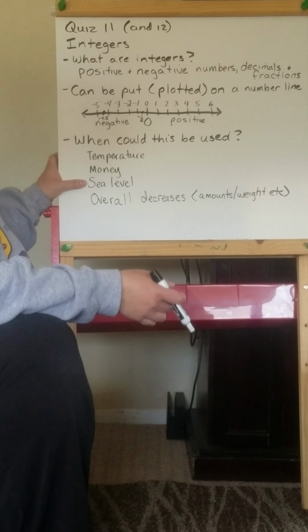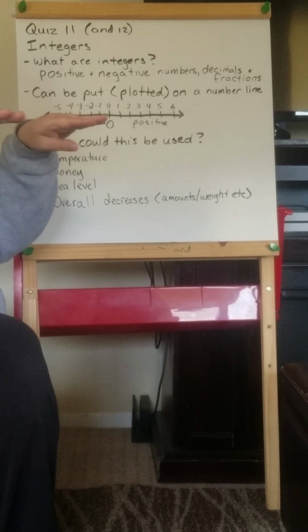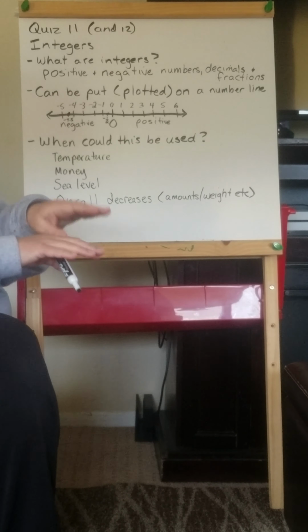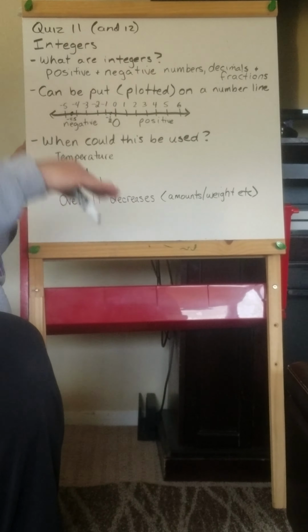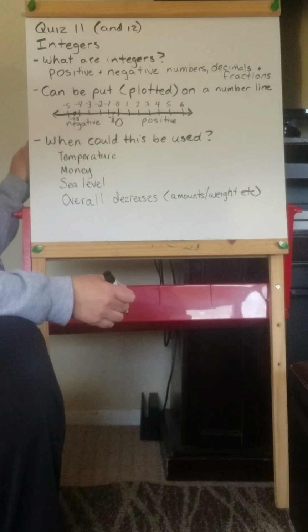Okay, how about sea level? When you are at the surface of the water, you're at 0. Once you go underneath the water, you are in negative territory, so that would be negative numbers. Above the surface of the water, that would be positive numbers.